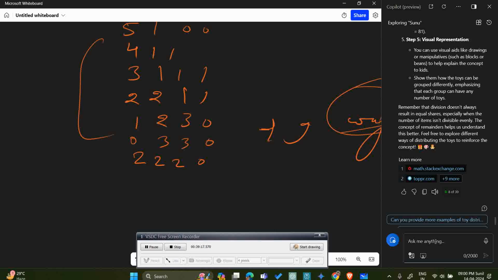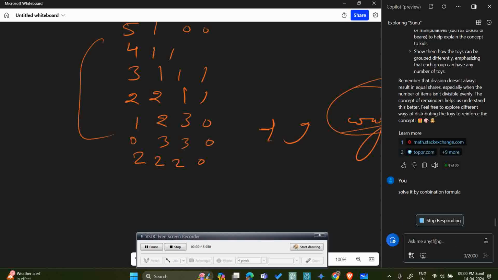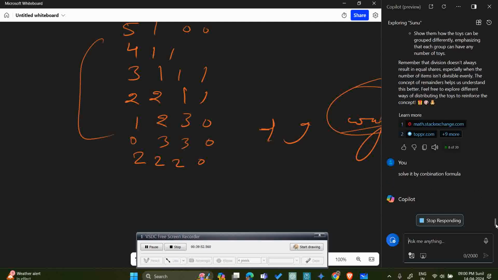Solve it by combination formula. Right? So here what we are doing is like this.